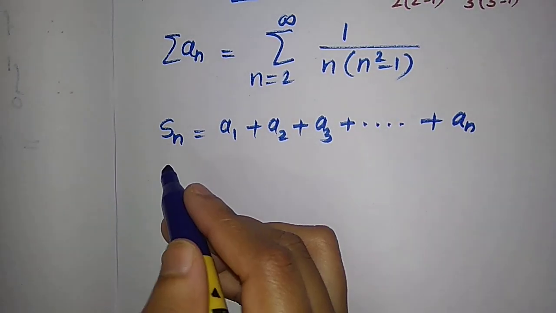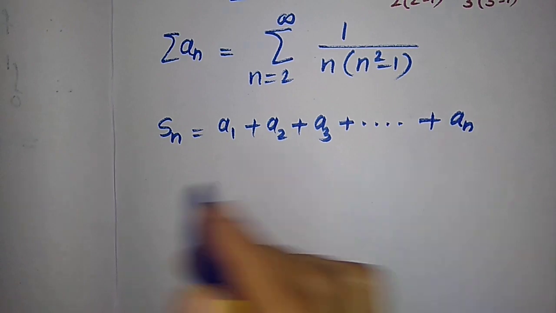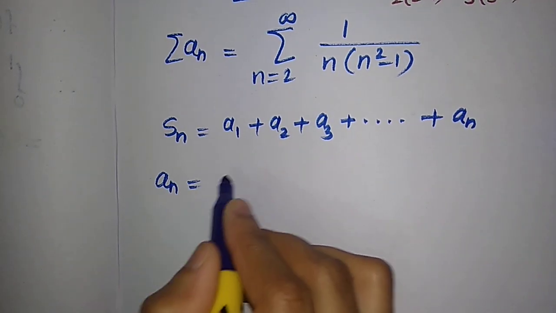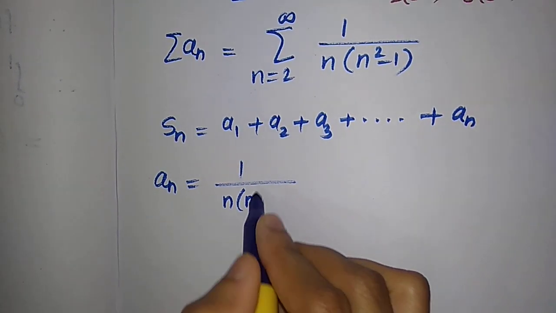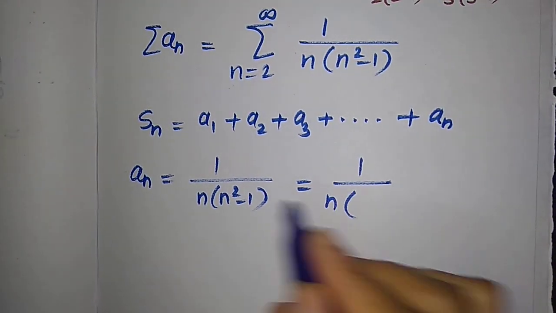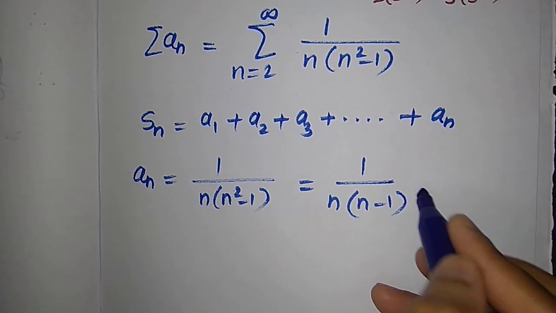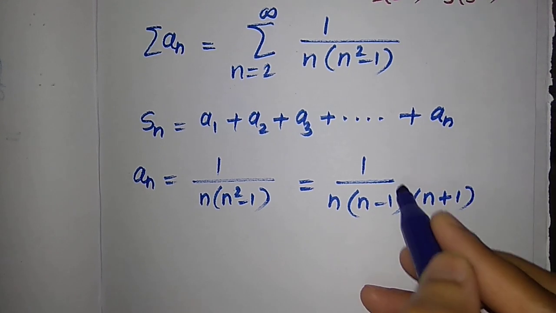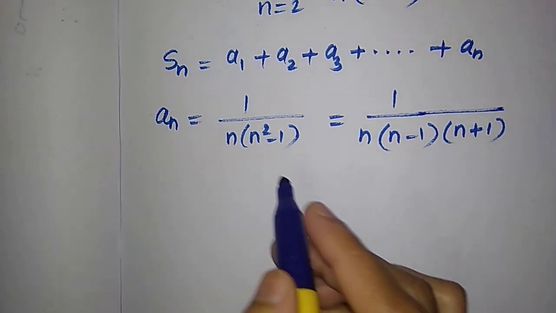So let us write down what these terms are. Here an is equal to 1 upon n into n square minus 1. Just simplify it: n square minus 1 is n minus 1 into n plus 1. Now take the partial fractions of this.